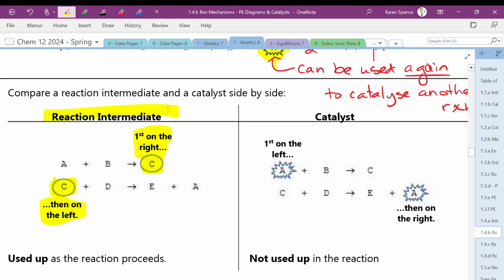That's a reaction intermediate, whereas a catalyst is first on the left and then on the right. The catalyst is not used up. Even though we produce the reaction intermediate, it then gets used up, so we don't see it again at the end.